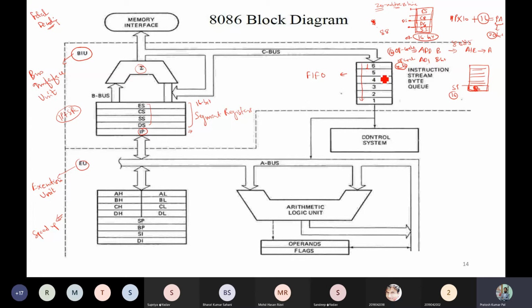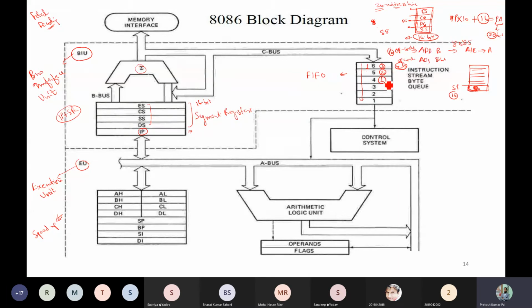Similarly, once these two instructions we need to store, the 1 byte of ADI will be here, then the second byte here, and the rest of ADI will be stored here. So this set of instructions, ADD B and ADI 8-bit data, will be of 3 bytes. So 3 bytes will be stored like that.